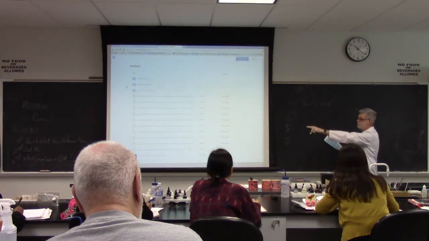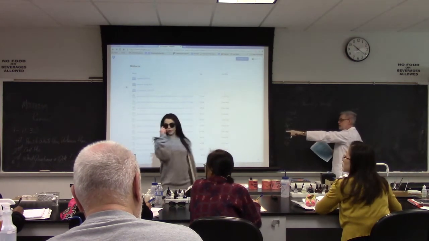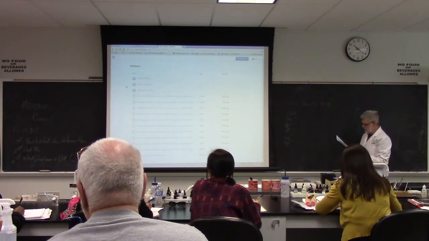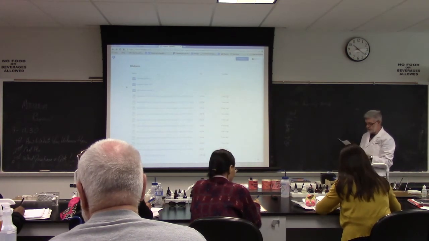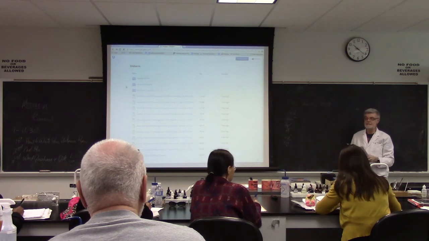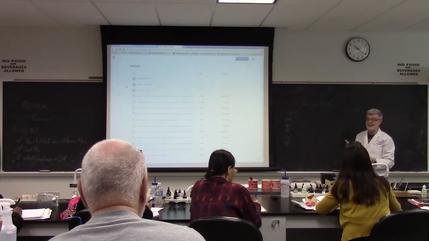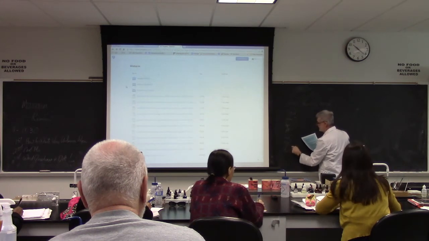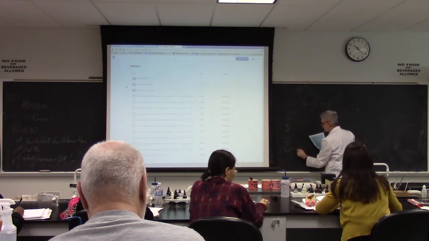There are chairs stacked up there, and you'll have to grab one. The lysine slant showed nothing. Lysine slant is lysine iron, so that means most probably the H2S is negative.